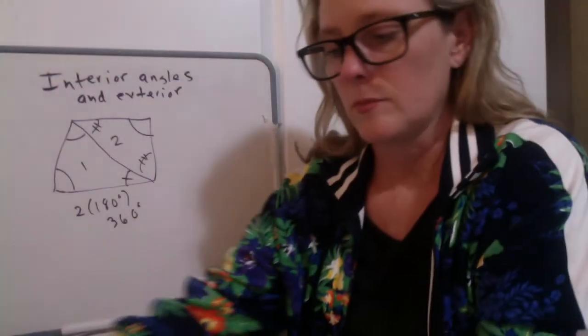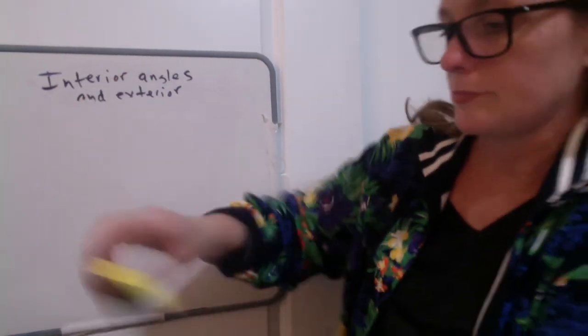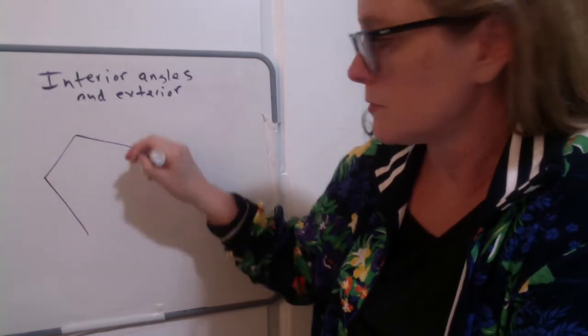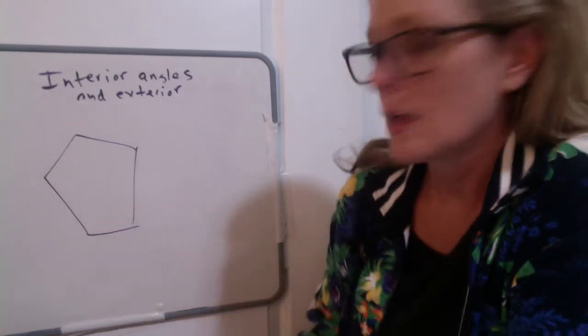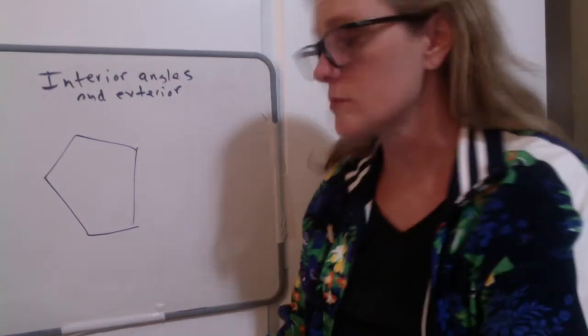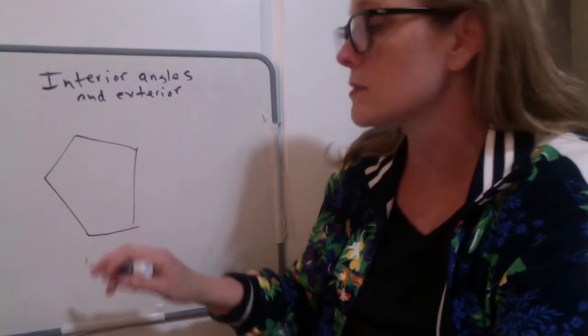All right, looking at the next one, n equals 5. That means I have a 5-sided figure. So using the same process, if I break this up into triangles, I could start here, I could start here, at any one of those vertex points.